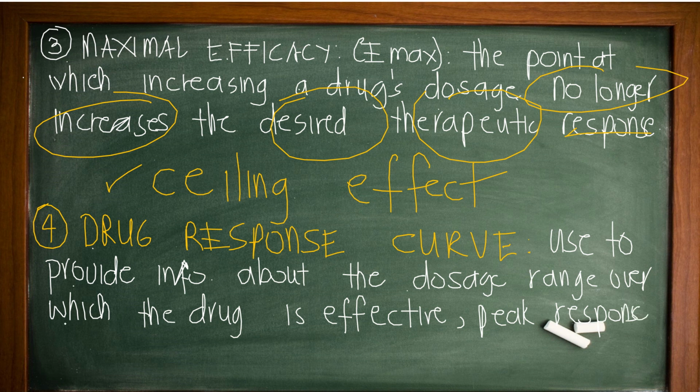So your drug response curve has two types, your type 1 and your type 2 drug response curve. Let me illustrate your particular graph, class.